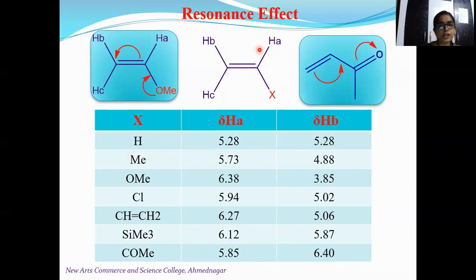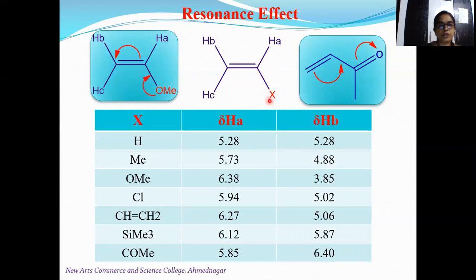The HA proton, that is the alpha proton, shows a chemical shift value of 5.73, while the beta proton shows 4.88.